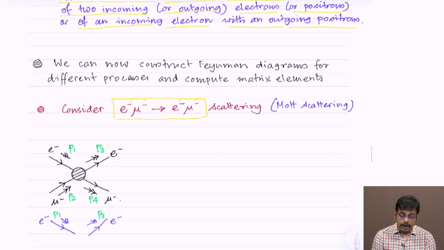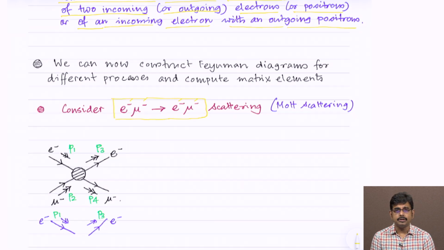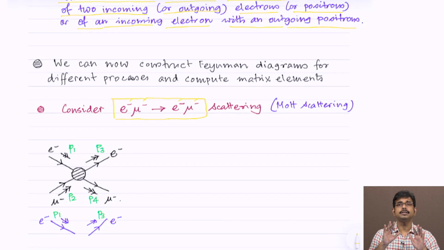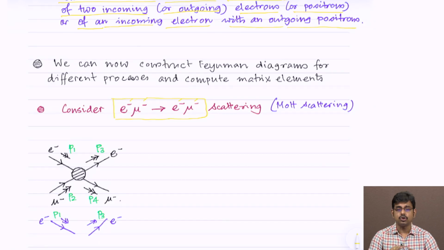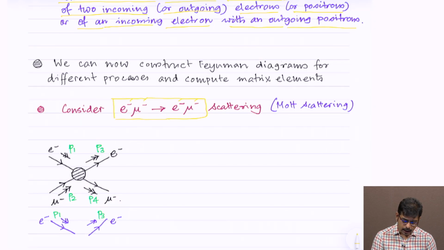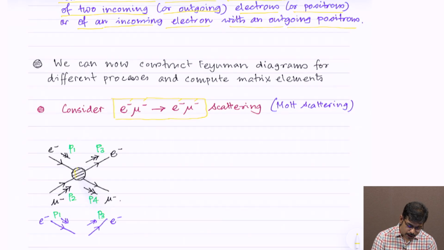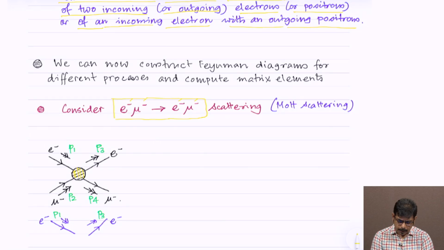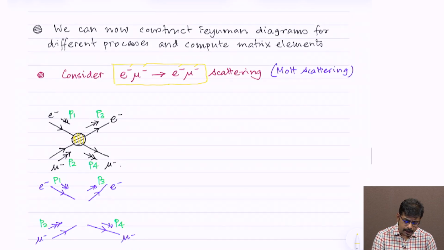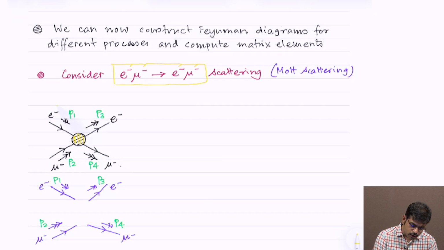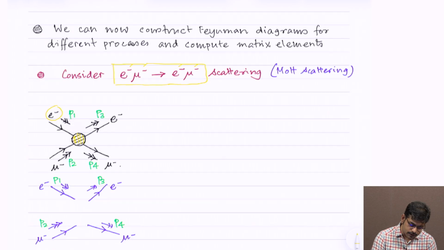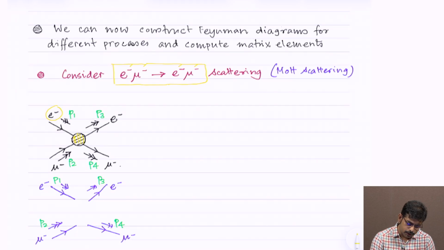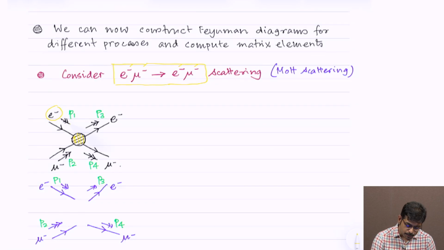Okay. So in order to draw any process or the corresponding Feynman graph, the first thing that you should do is draw a rough picture using a blob as the vertex. I don't know what exactly happens, what kind of exchange actually occurs here, but let us draw this electron. An incoming electron towards this vertex has the fermion flow towards the vertex, and the momentum, which I define as P1, is flowing towards the vertex.